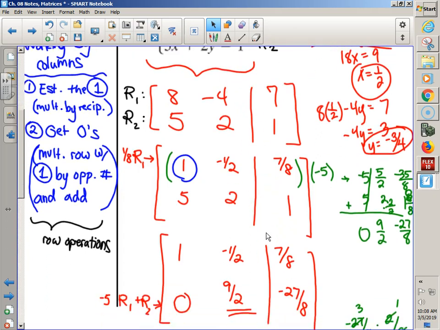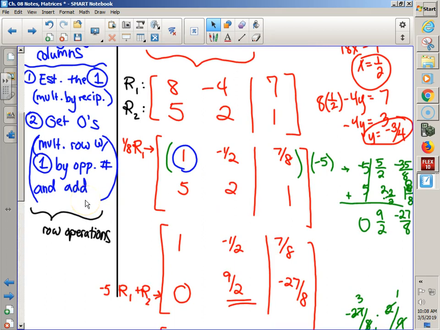And if we want to get zeros, what's my hint? Well, we are going to be adding, but what do we have to do before then? We have to get a 0, and if we're adding to 5, what do I have to add to 5 to get rid of it? A negative 5. So I'm going to multiply this row by the opposite value, by negative 5, which you see right here.